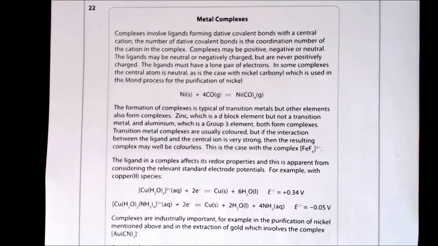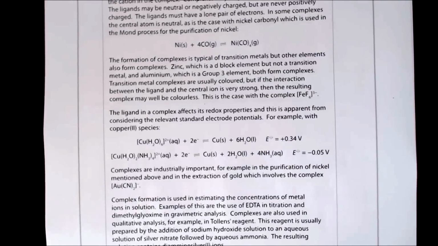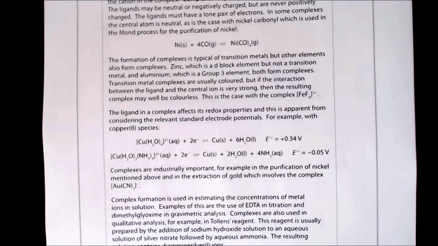This is the case with the complex FeF6 3-. The ligand in a complex affects its redox properties, and this is apparent from considering the relevant standard electrode potentials, for example with copper-2 species, and you see we've got the 2 equations shown. These complexes are industrially important, for example in the purification of nickel mentioned above, and in the extraction of gold, which involves the complex Au(CN)2-.